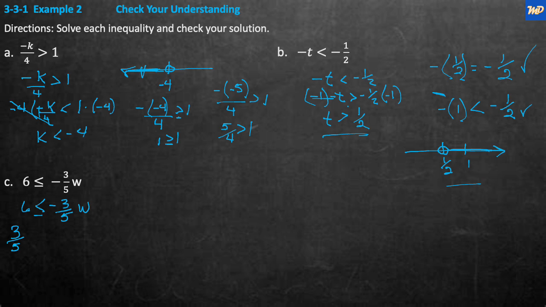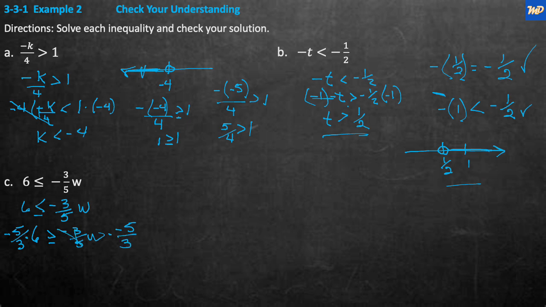You multiply each side by negative 5/3, right? So it's the reciprocal. So it's negative 5/3 times 6 is greater than or equal to negative 3/5 W times negative 5/3.